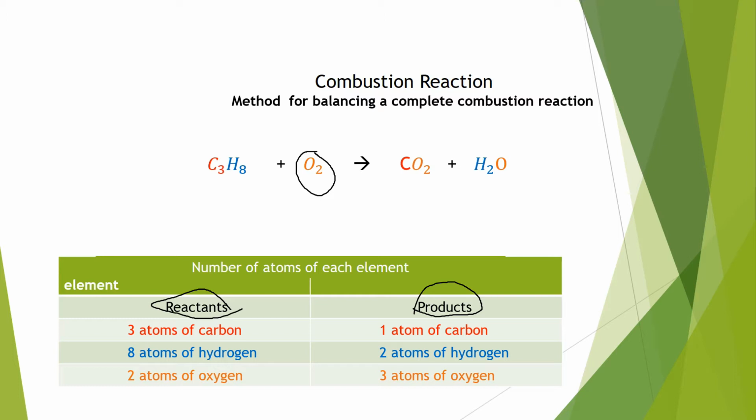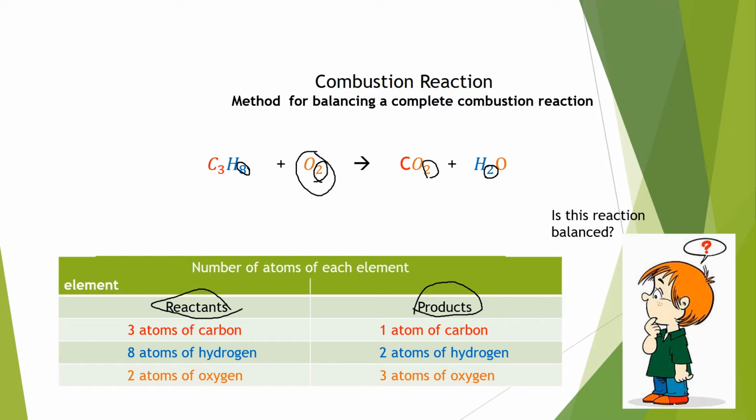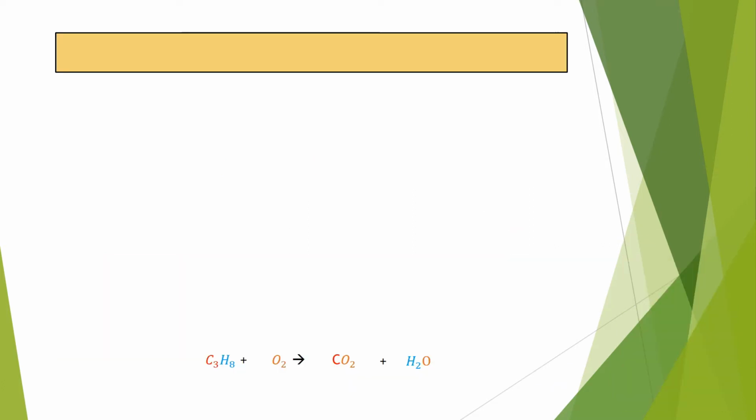I have 8 atoms of hydrogen in the reactant and I have 2 atoms of hydrogen in the product, and I have 2 atoms of oxygen in the reactant and I have 2 plus 1, which is 3 atoms of oxygen. The question now, is this reaction balanced? Sure, it's not balanced, and we will learn how to balance this equation.